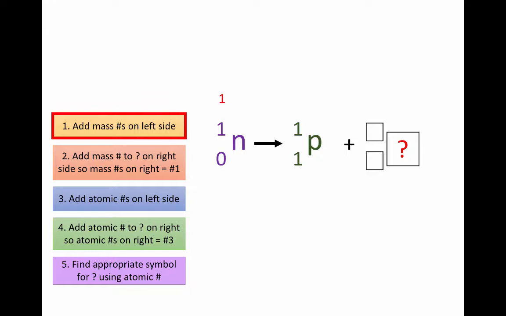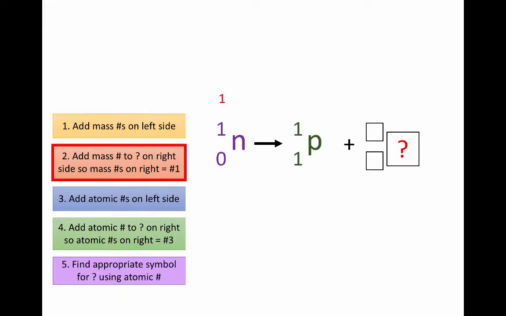Now we're going to add something on the right so that the total mass numbers on the right equals our sum on the left side of 1. So basically we're looking for whatever is going to make this equation true. 1 equals 1 plus what? That's actually pretty easy. That's 0. So whatever this beta particle is has a mass number of 0.